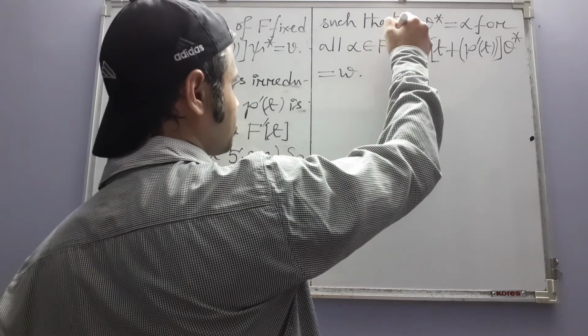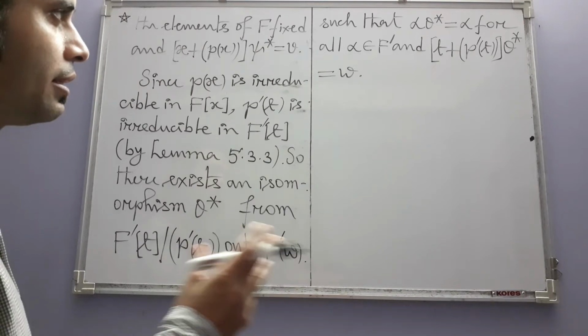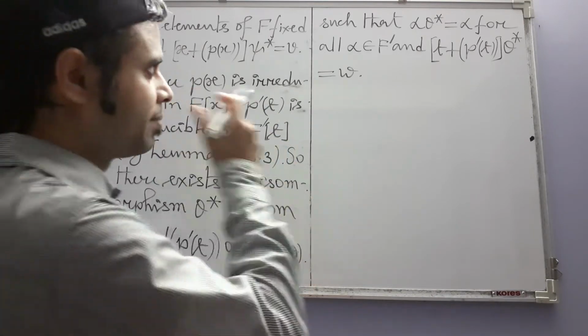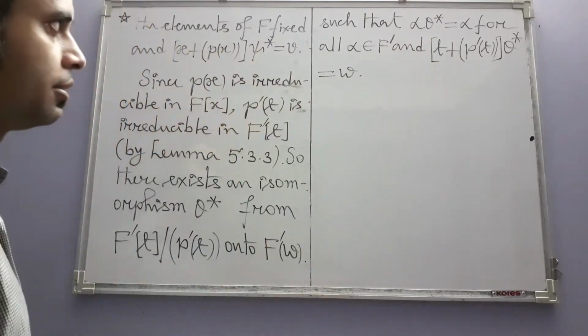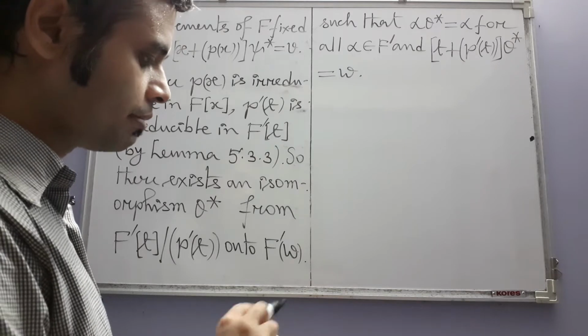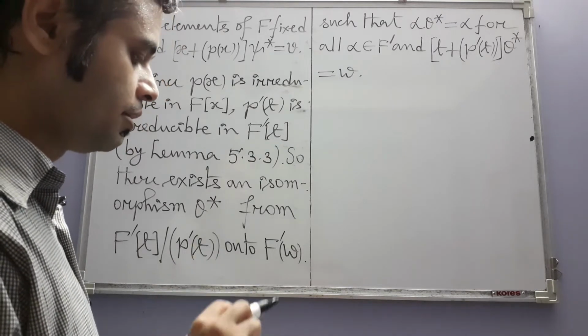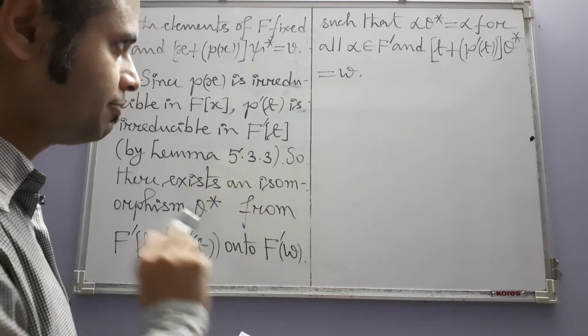It should be F'. Here we have just the same thing, no? Theta star leaves all the elements of F' fixed. This part I think is okay. On the ideal generated by p'(t), if I apply theta star, then I get the root w of p'(t).